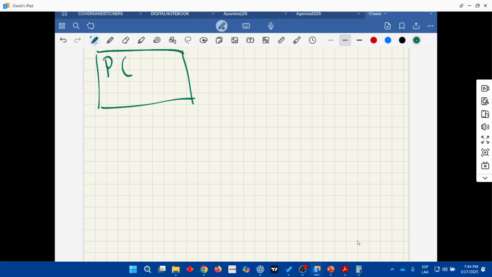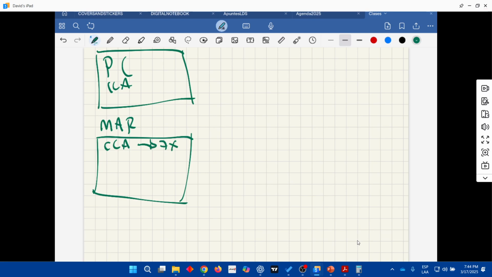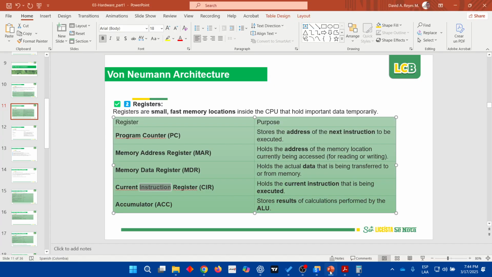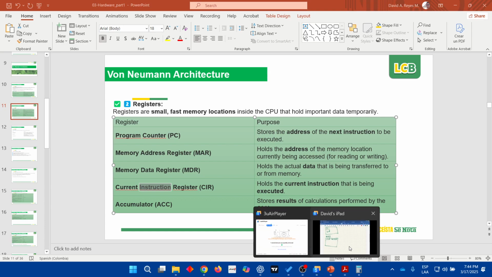So let's suppose that here we have CCA. So we have the memory address register. And here in the CCA, we have the multiplication 7 times 2. Okay? Okie dokie. Now, the MDR.